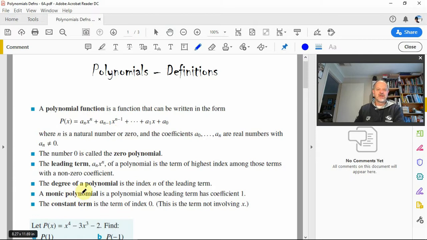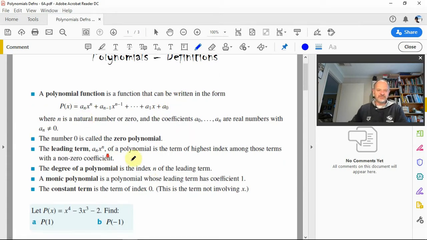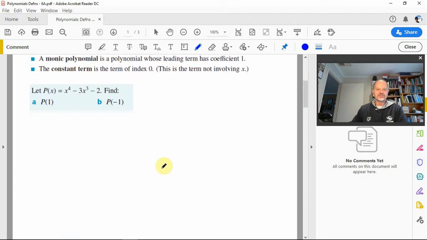Monic means the leading coefficient is 1, and the constant is the term on the end. So in this example that I've got here, this is a monic polynomial because it's 1 lot of x to the 4.